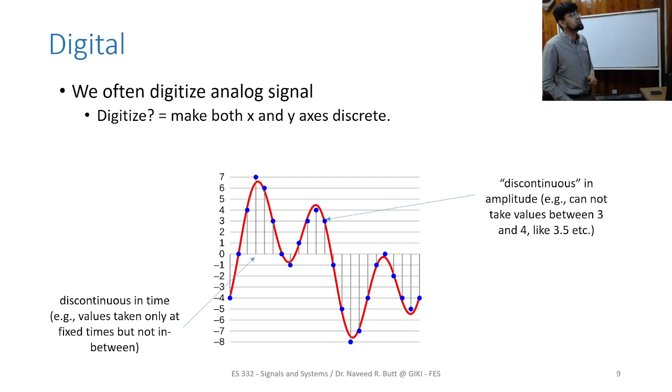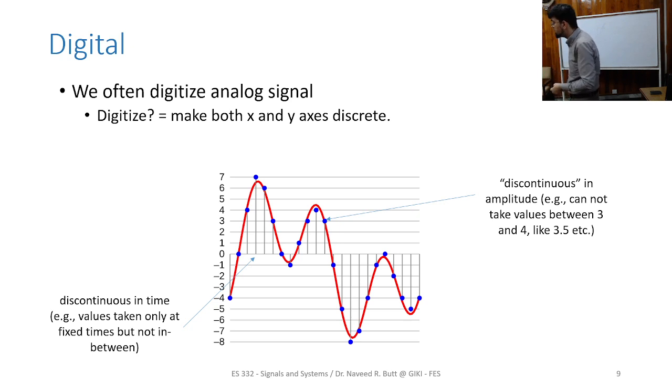So we often digitize. What do we mean by that? We make both x and y axis discrete. So we say, okay, we will sample, and then we not just allow every value of temperature. We will discretize those values. So if you discretize it in, let's say, 9 levels, then you have 0, 0, 0, 0, 0, 1, 0, 1, 0, right?